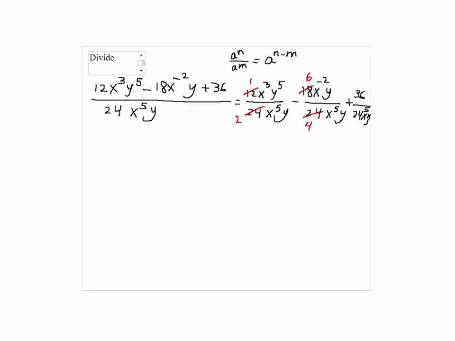If I divide 3 into 24, I would get 8. Correction.